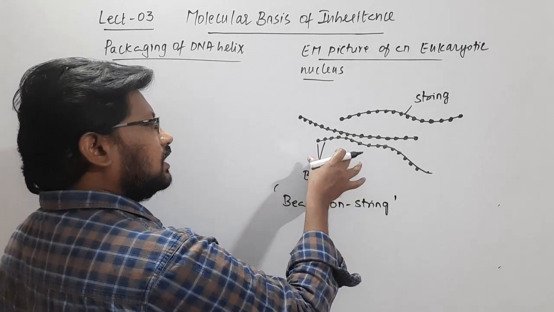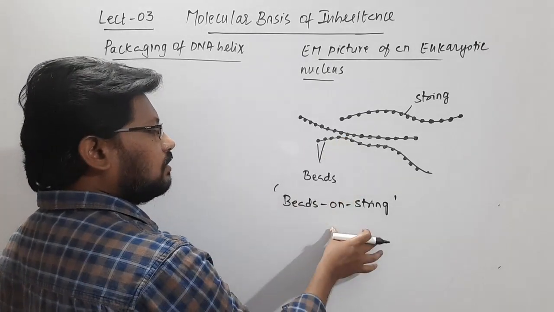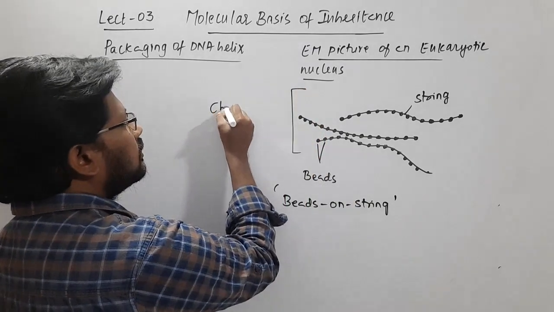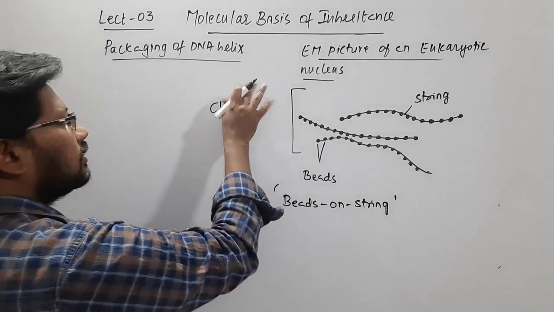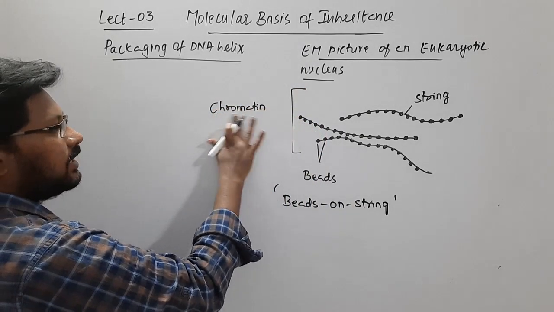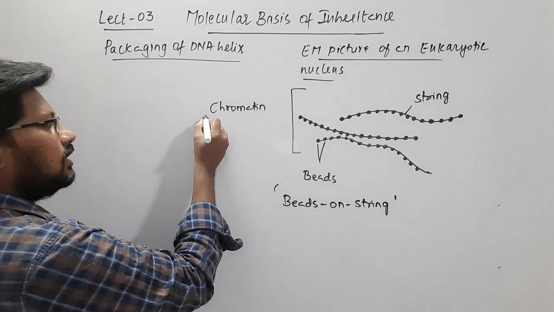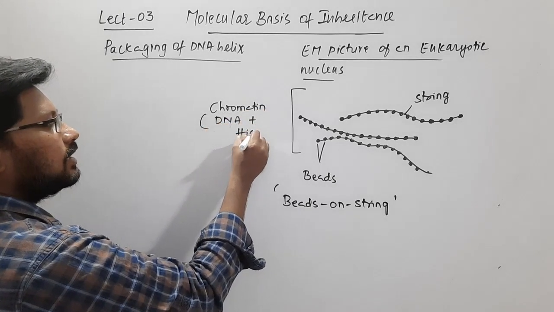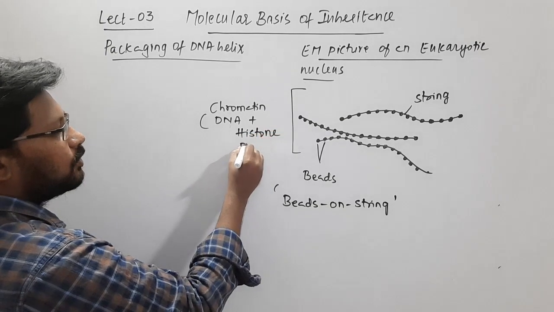So what actually are these beads on string? These are nothing but chromatin material. So it's a chromatin, and this chromatin is composed of DNA plus histone proteins.